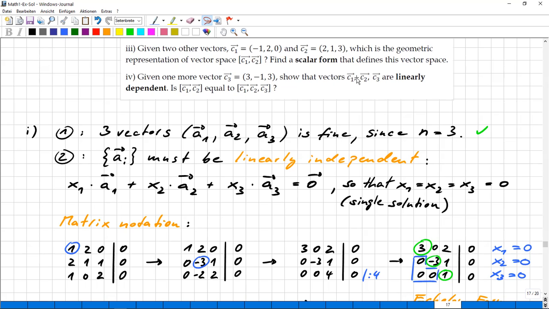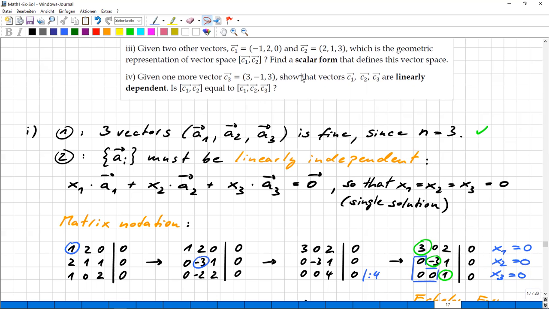It's not possible to leave this plane by introducing vector C3, since it's linearly dependent on the other two. That's what it's all about. So without any clumsy calculation, it's quite obvious that the answer is yes, these two subspaces and vector spaces are identical.